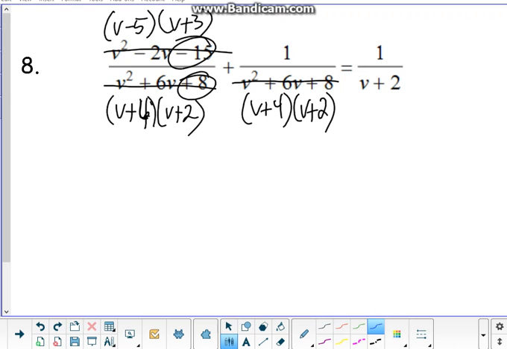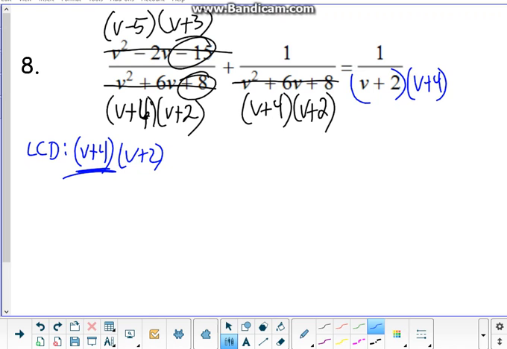Now the only thing we really need to look at is, all right, well, what's our LCD going to be? From my first fraction, I see that I have a v plus 4 part, and I have a v plus 2 part. My second fraction has exactly the same thing. My third fraction has this v plus 2 part, but it's missing the v plus 4 part. So really, this is our LCD, v plus 4 times v plus 2, and that means the only thing we need here is the v plus 4 for both numerator and denominator.